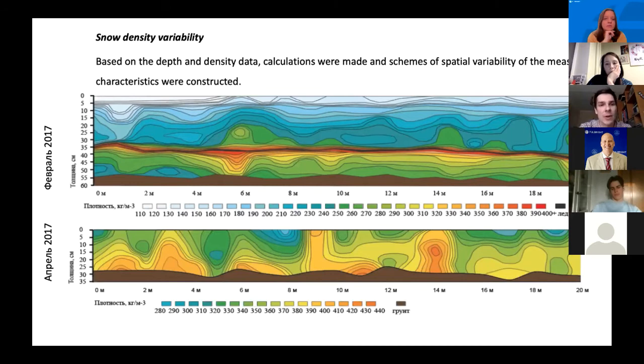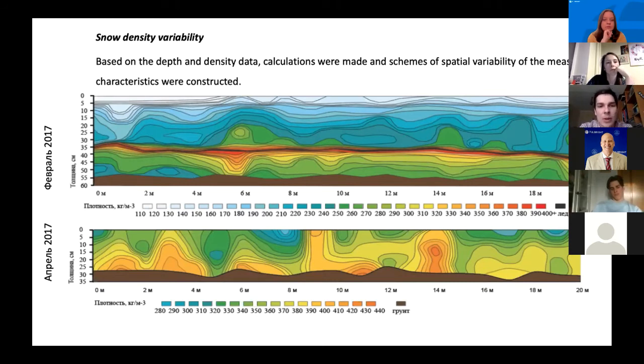As you can see in the top picture, there is the green area below this ice crust, and then we have the blue settled fresh snow.